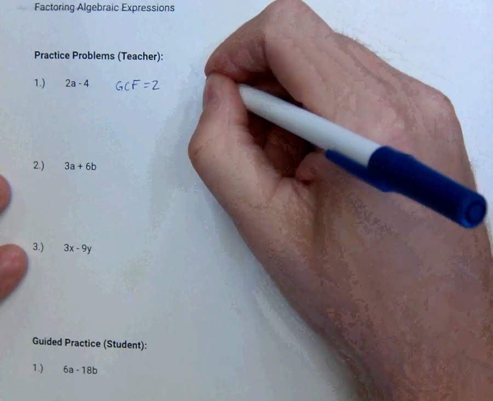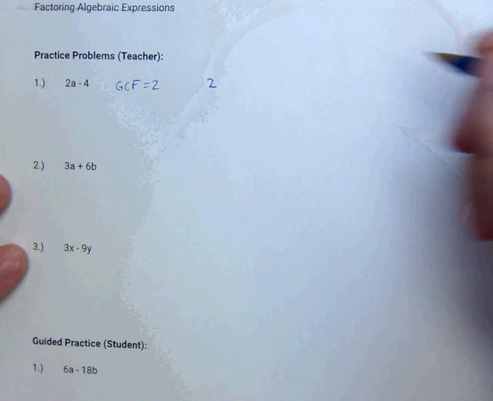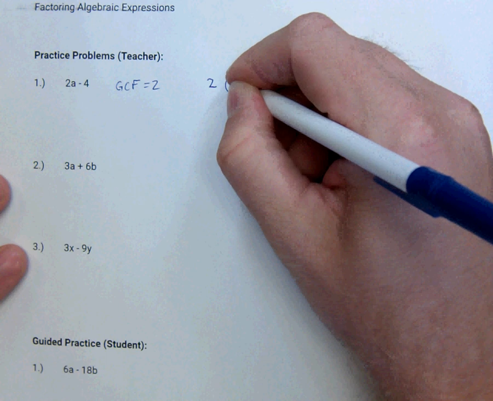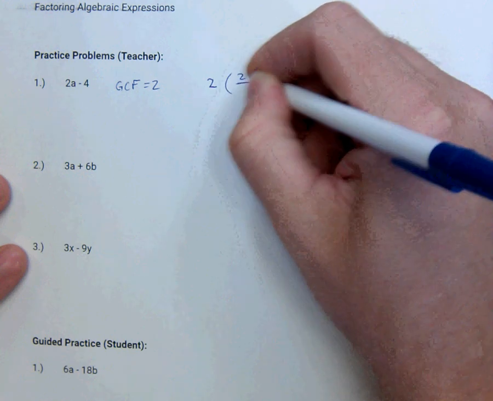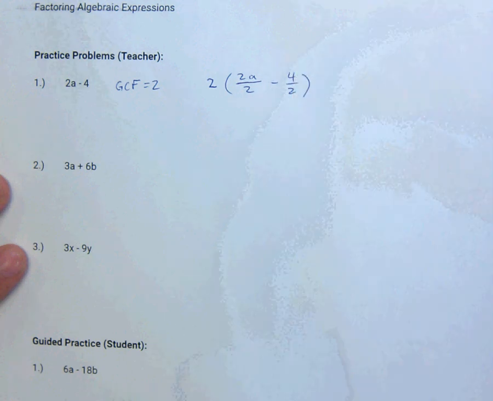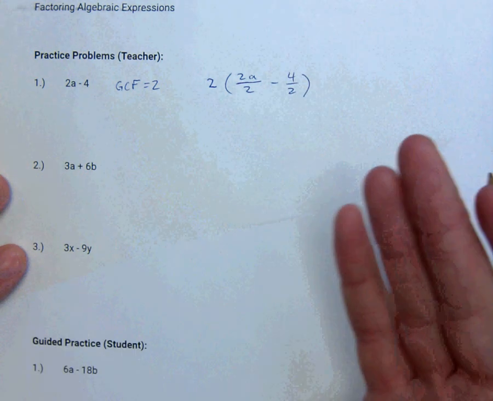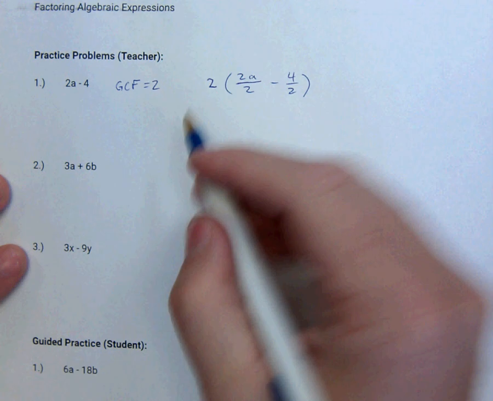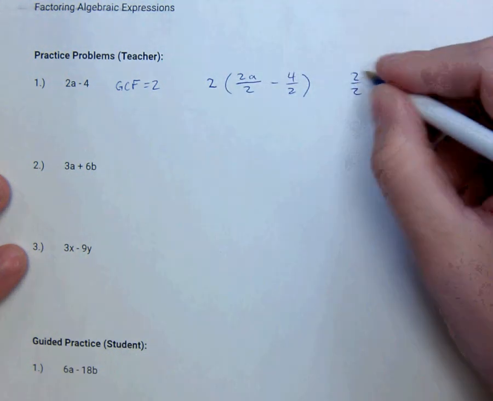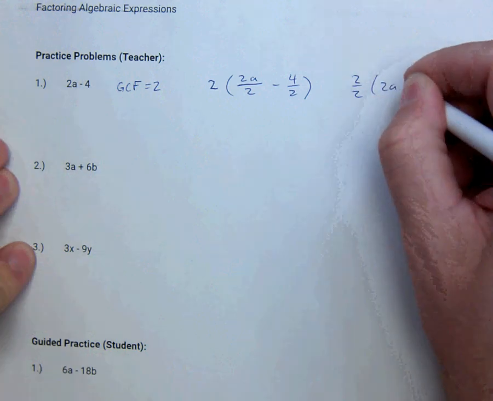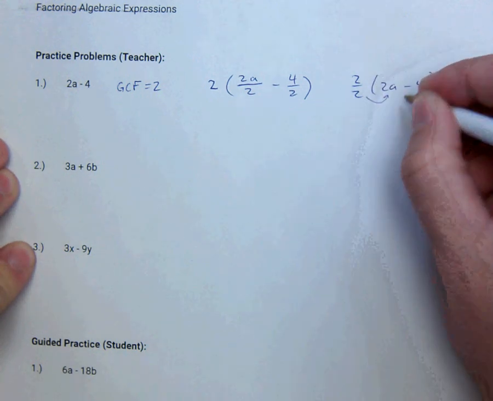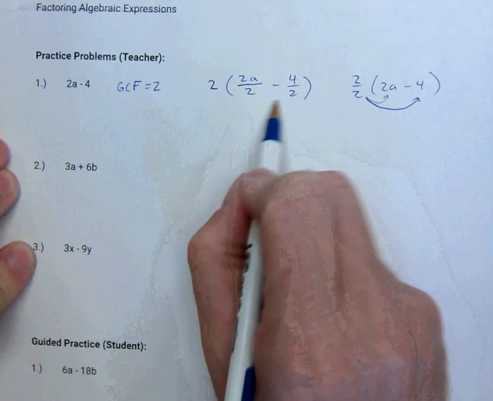So what I do is write 2 on the outside of my parentheses, and then I have 2a divided by 2 minus 4 divided by 2. Really what I've done here is multiply by 1. I've multiplied by 2 over 2, which is 1, and I've distributed only the bottom of it to my equation.